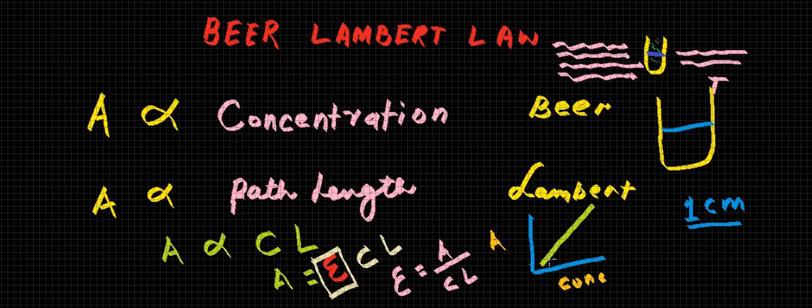This graph, which we obtain to validate Lambert's law, is commonly referred to as a calibration curve, and this calibration curve is necessary to have an accurate analysis. It is actually a validation of Lambert's law, that if this line is straight, it means that as we increase the concentration, the absorbance also increases linearly.